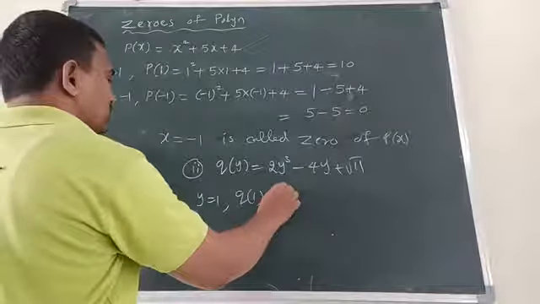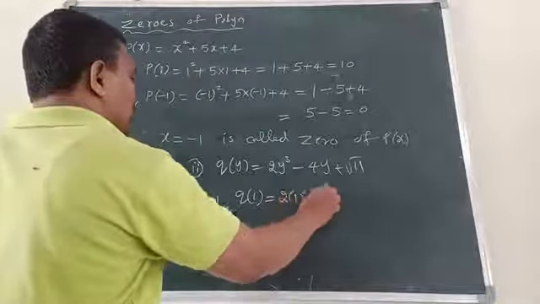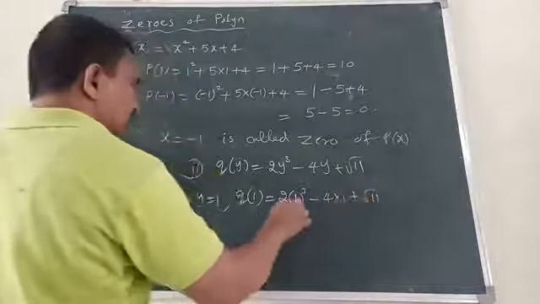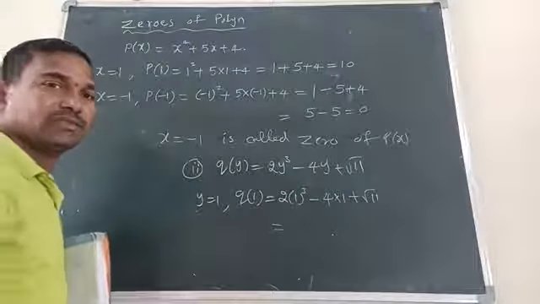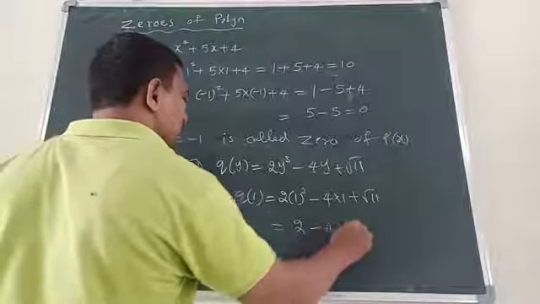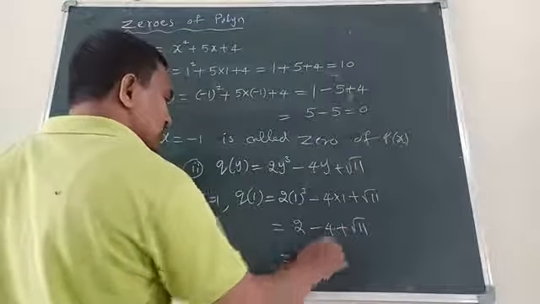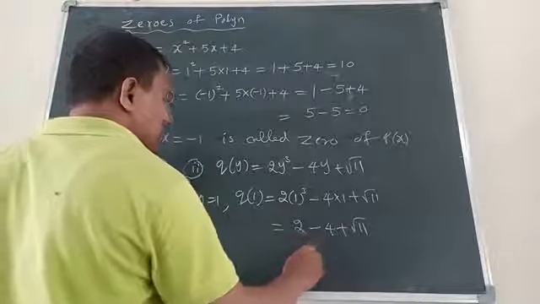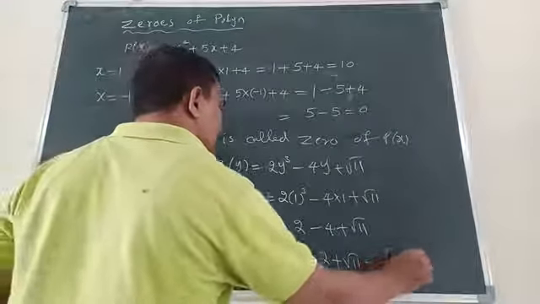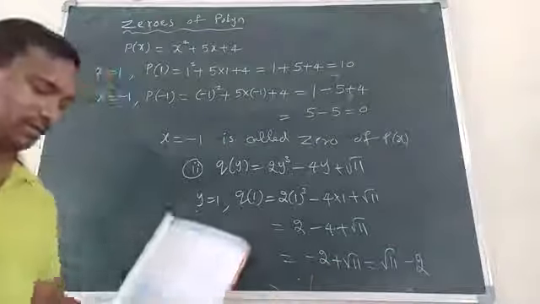Q of 1 equal to 2 into 1 cube minus 4 into 1 plus root 11. 1 cube means 1 multiplied 3 times, 1 into 1 into 1, 1. 2 ones are 2. Minus 4 plus root 11. So first write 2 minus 4, minus 2 plus root 11. That is root 11 minus 2 is the value. So complete this, do these problems.